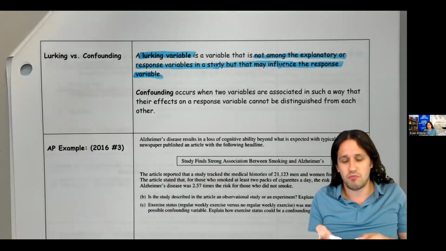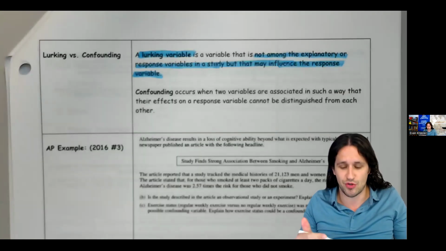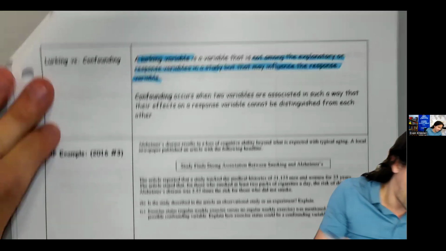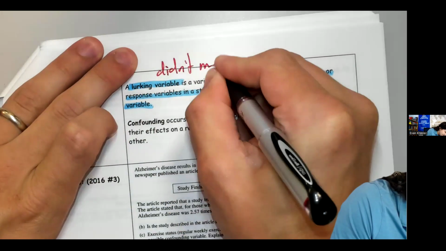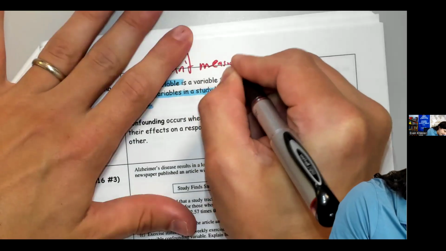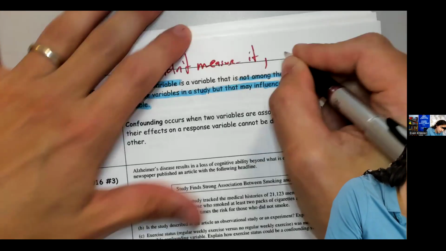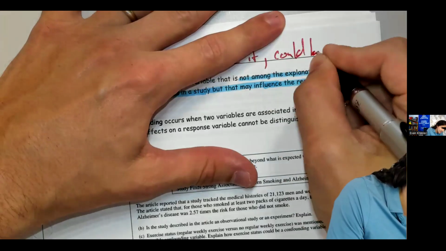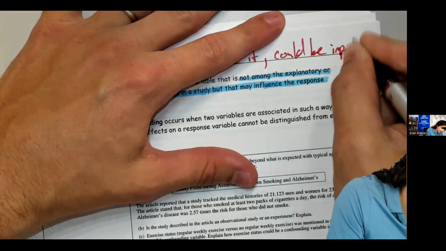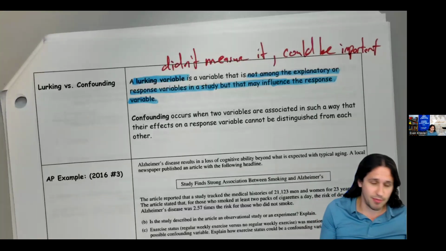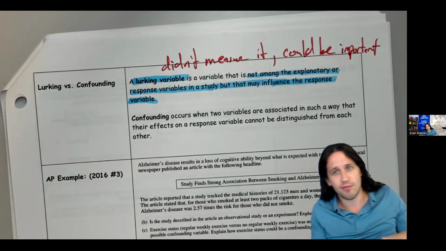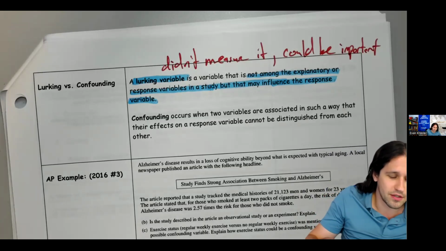So this is just something we didn't measure, but it could be important. We don't know if it's not. It's just lurking, hiding around in the background, creeping around the corners. Lurking.